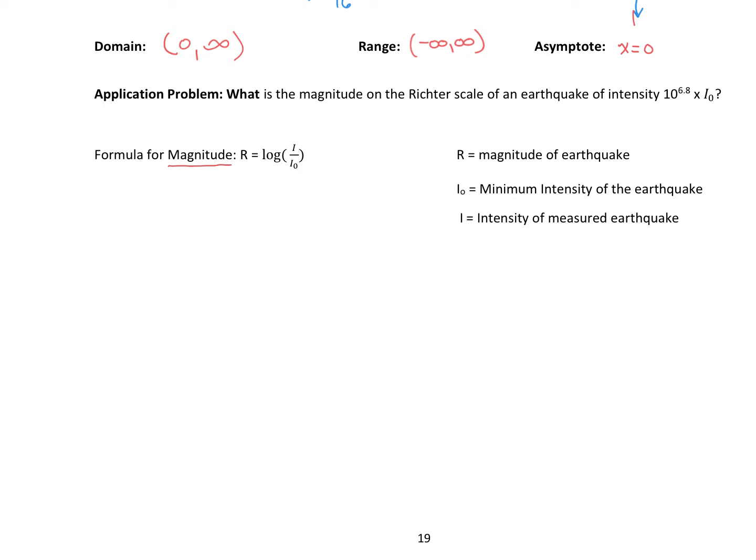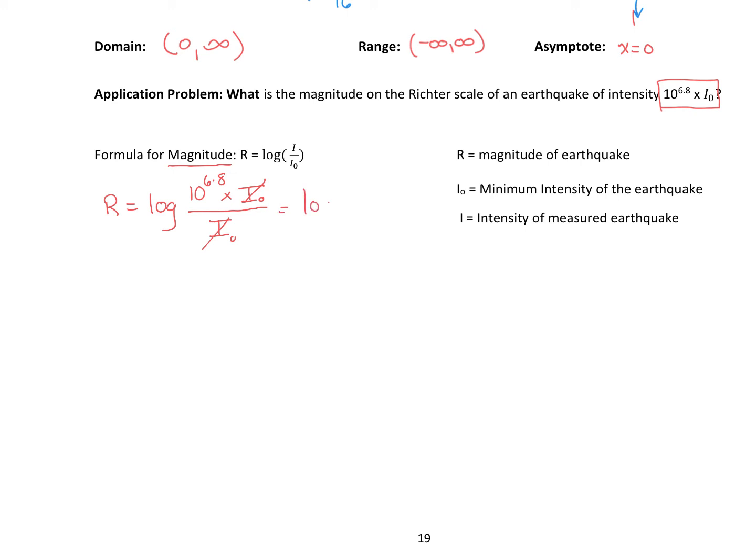So if I take my intensity and plug this in, I get log 10 to the 6.8 times I sub 0 over I sub 0. Those will cancel.